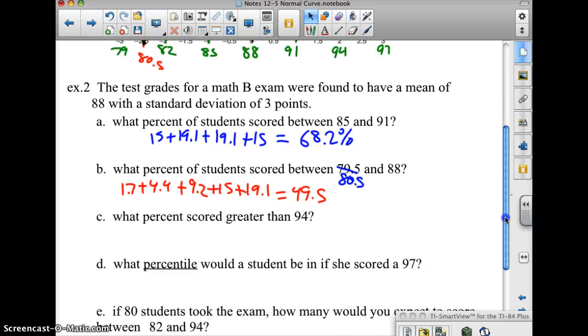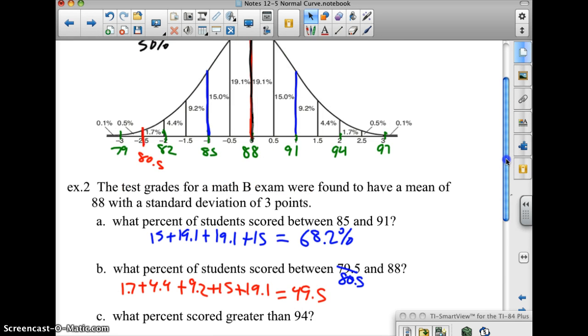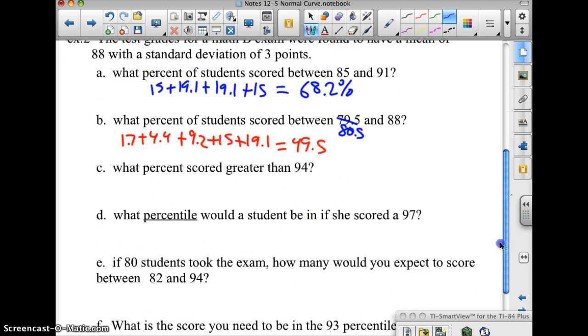Okay. What percent scored greater than 94? So greater than 94, I'm just going to add up the percents that are to the right of 94. Anything greater than 94 are these guys over here. Okay, so that's going to be 1.7 plus 0.5 plus 0.1.